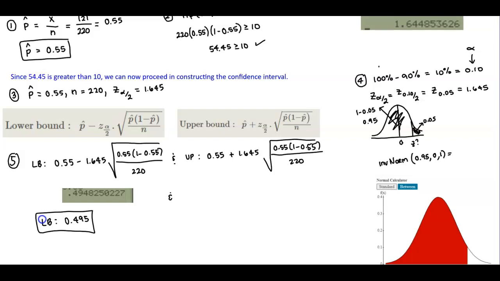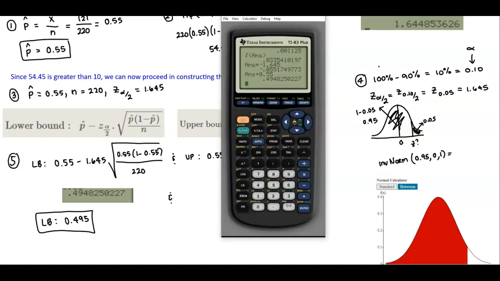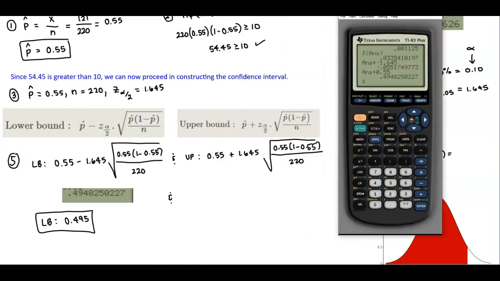Okay, and then we're also going to do the upper bound. So if we do the upper bound, again, we're going to take 0.55 and then multiply that by 1 minus 0.55 and then divide that by 220. And then we're going to take the square root of that. So we're going to take the second square root of the answer.